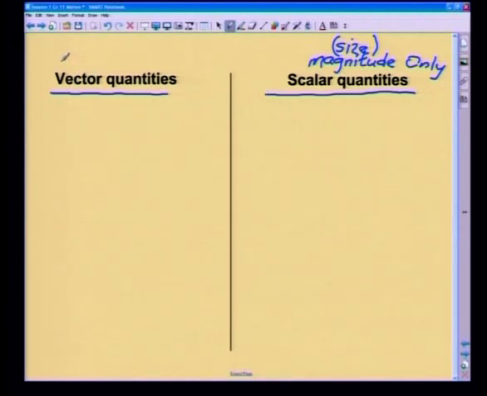We talk about both magnitude and direction. And immediately we have said that force is a vector quantity, it will be under this group here.